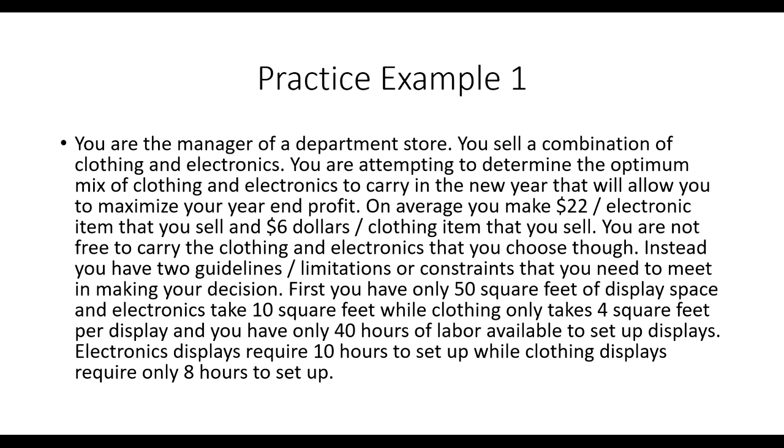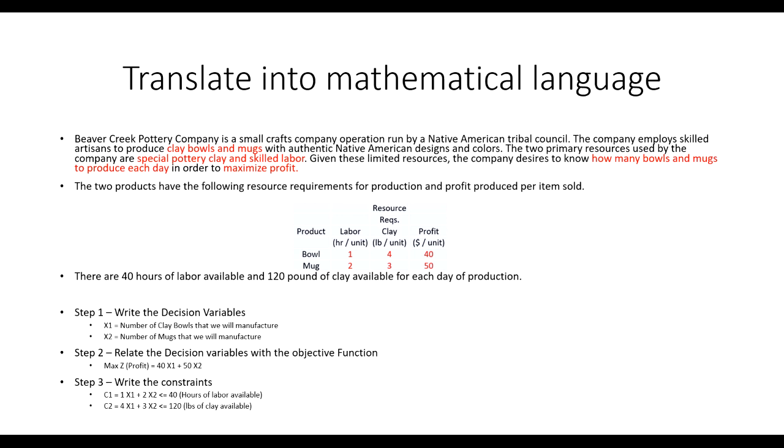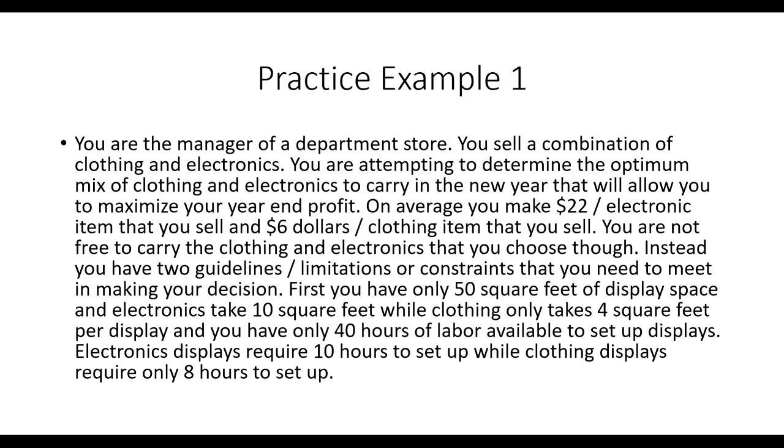If you recall from here, the first thing we need to do is find our decision variables. What choices are we making? What is the choice that we have to make? So let's look at our question. You are the manager of a department store. You sell a combination of clothing and electronics.